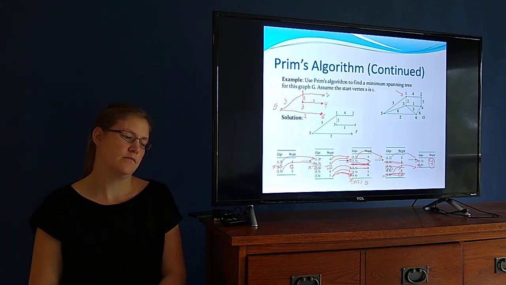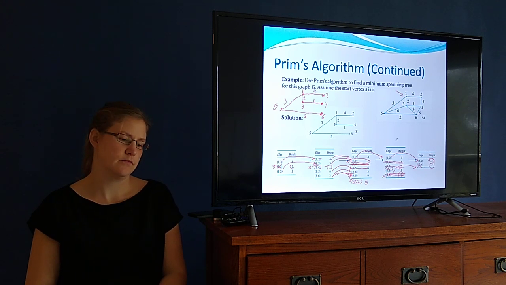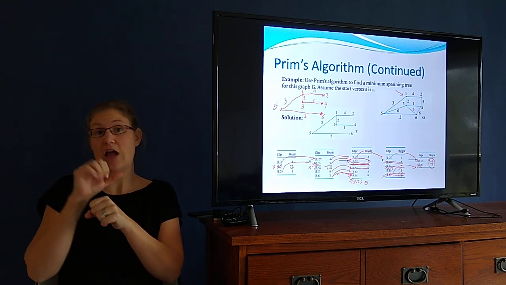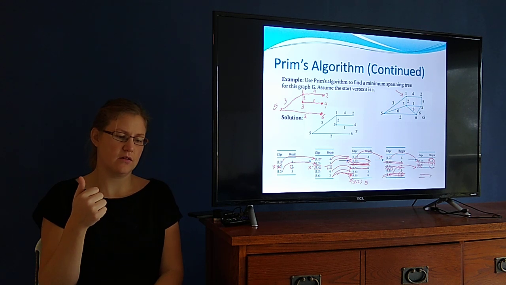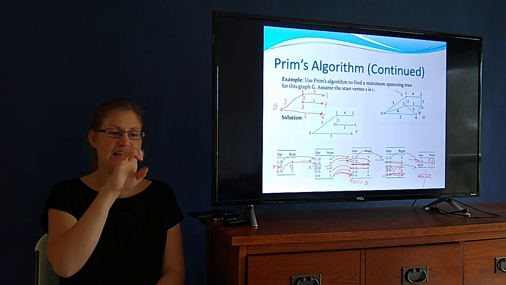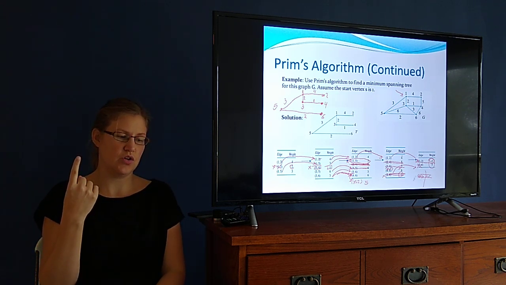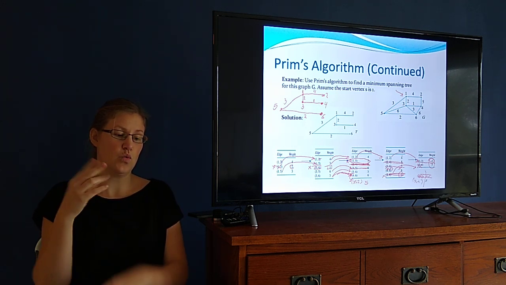Now for the next step, we need to construct a table. This one will be gone, and then we have the next table with the edge and the weight. Only this vertex is left, so we have 4 and 2 with the minimum weight of 5.